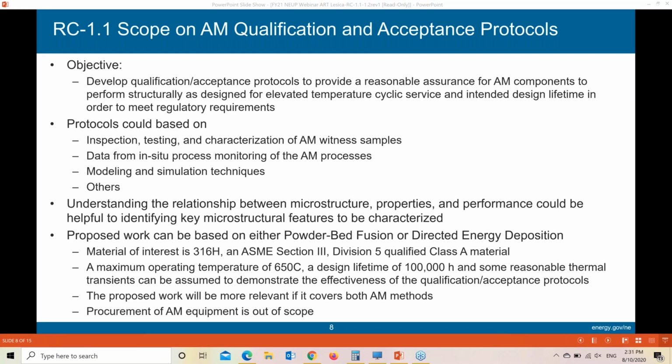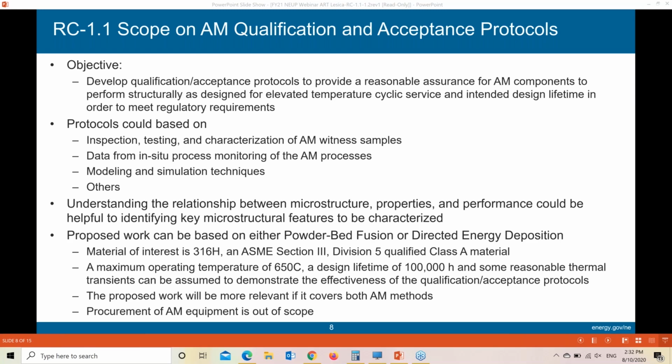And also, let me just make sure in terms of the 316, there are different grades of 316. In the AM world, the 316L grade, L for Larry, is predominantly the 316 stainless steel that people have printed, but we are not interested in 316L, because the 316H grade is the reactor grade that has the material qualified.